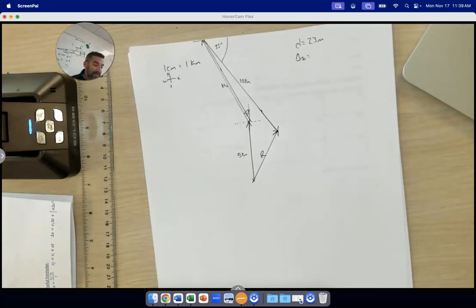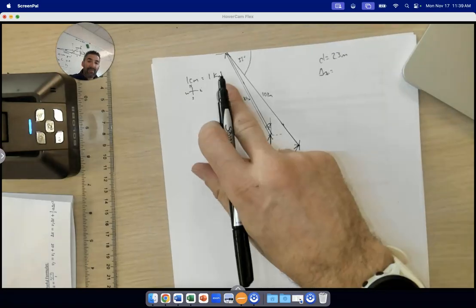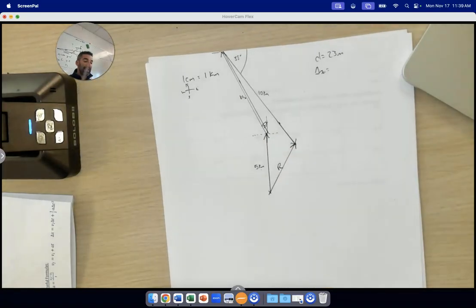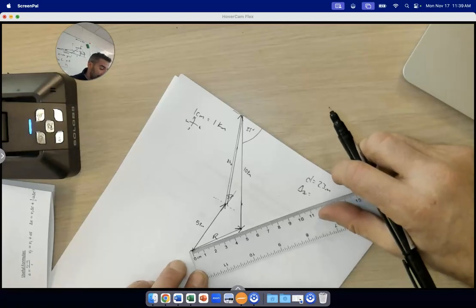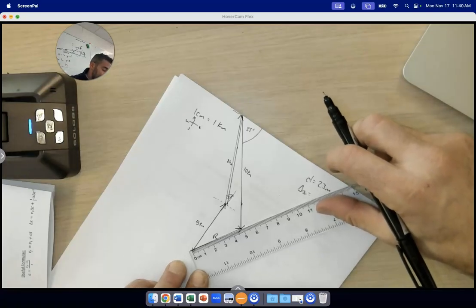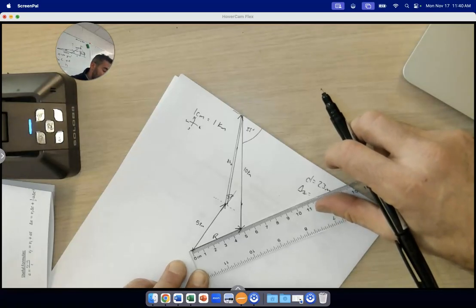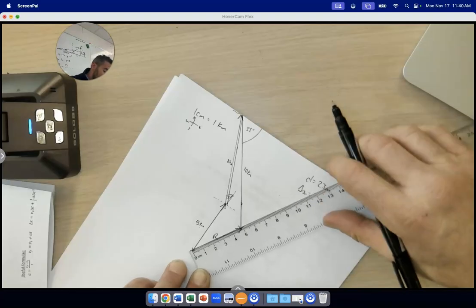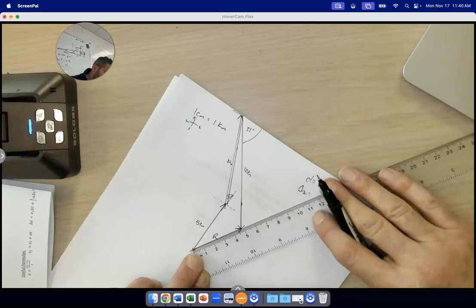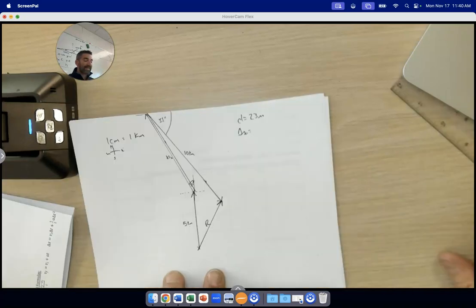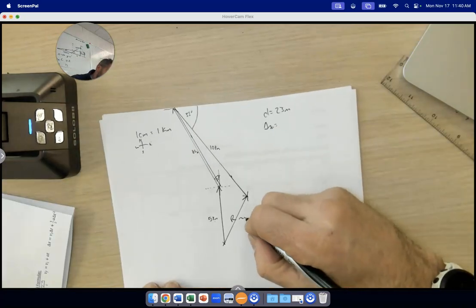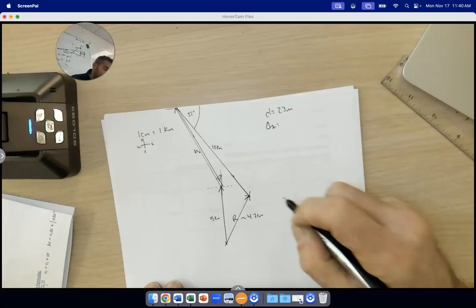Now that resultant is nice and easy. Because I have this scale, I just take my ruler and I measure it. And I see that it is 4.7 centimeters. This was about 4.7 centimeters.